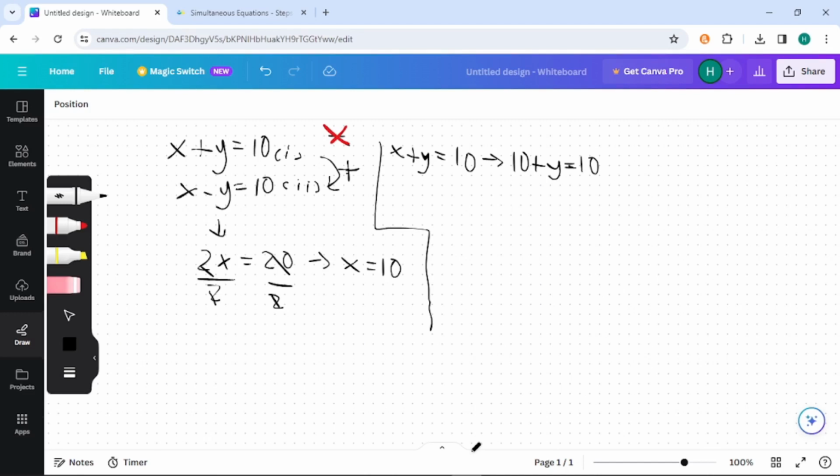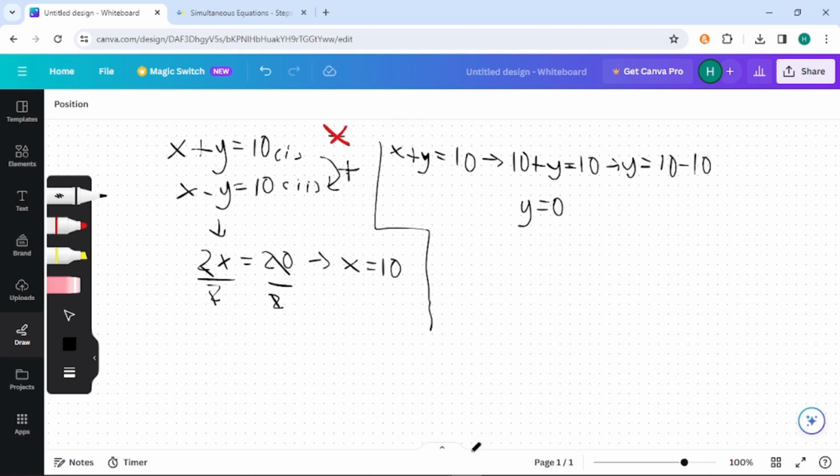Now I can move 10 to the other side. Y equals 10 minus 10. 10 minus 10 is 0. So now we have a final answer of y equals 0.